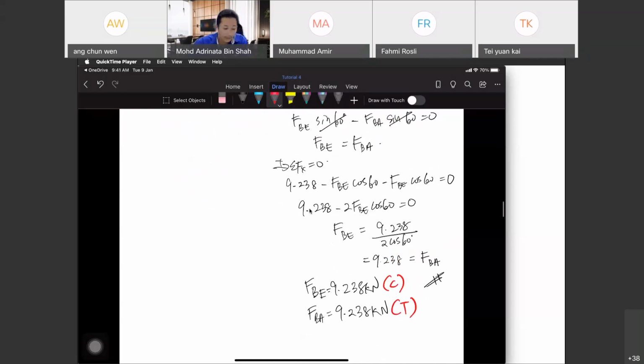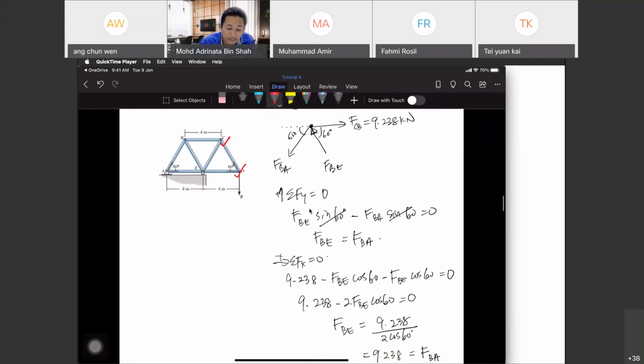Okay, and finally joint E. So we look at our joint E. Which one?